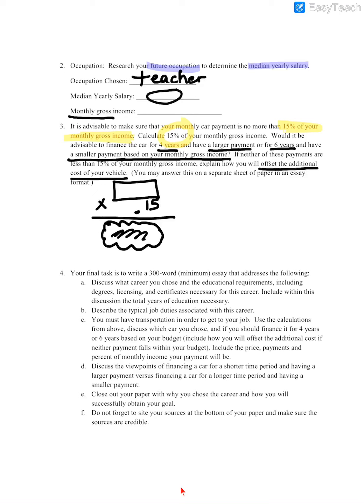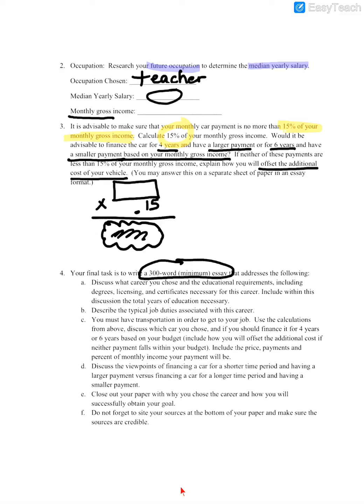Then your final task: we want a 300-word minimum essay, again in that Word document, that addresses the following. A, discuss what career you chose, and do some research about the educational requirements, including what kind of degrees you have to have. Does it take an associate's degree?